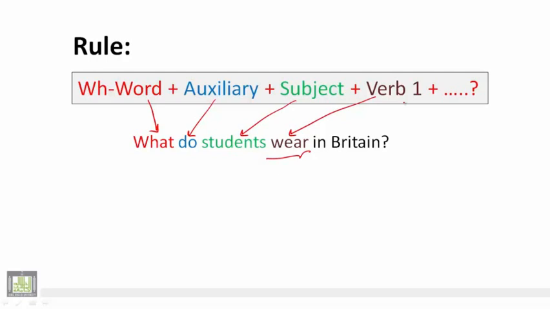And notice that we have the subject verb agreement, التوافق العددي بين الفاعل والفعل, because we have students, which is plural, we used do. But in case we had a student, في حال كان عندنا مفرد طالب واحد, then we should have used does.